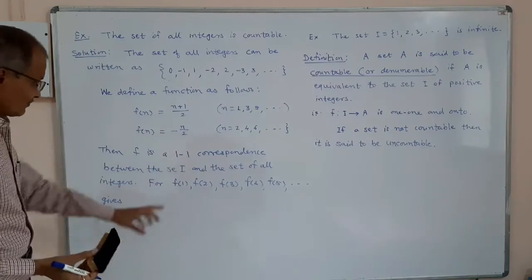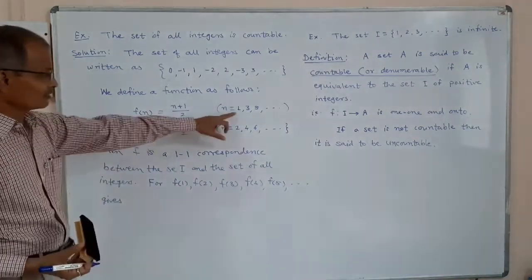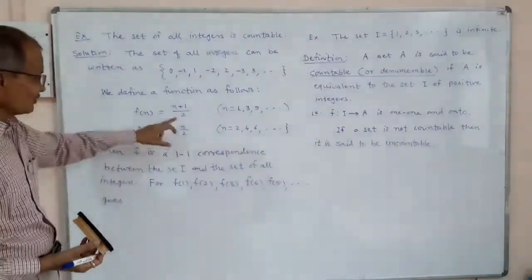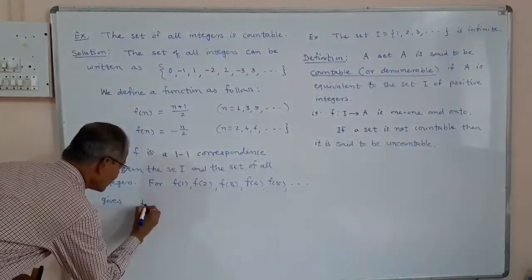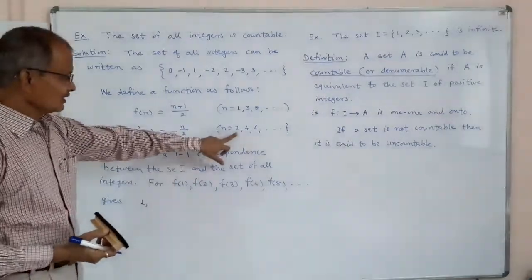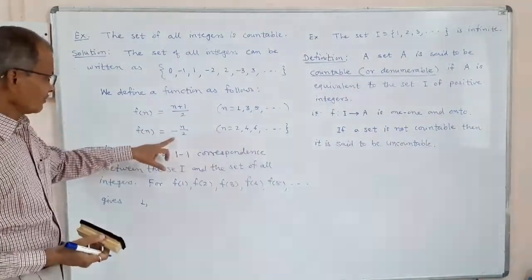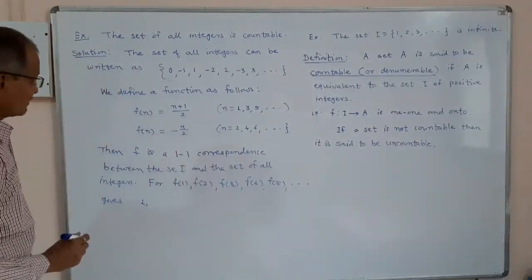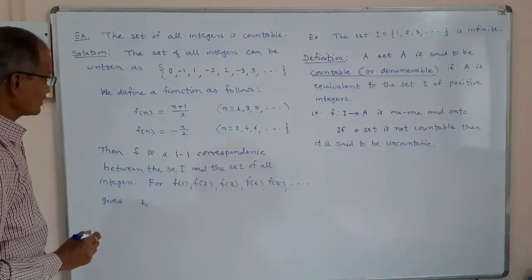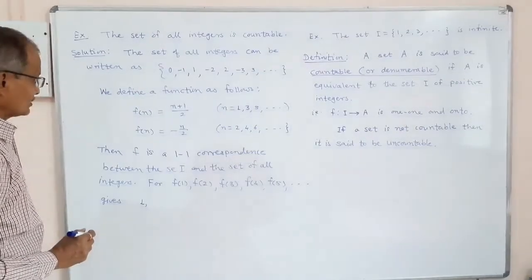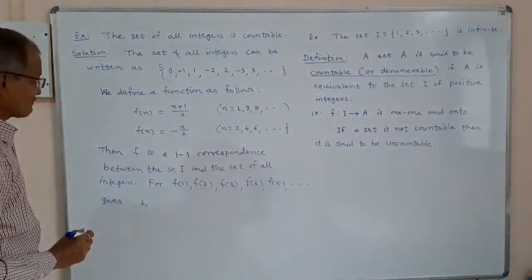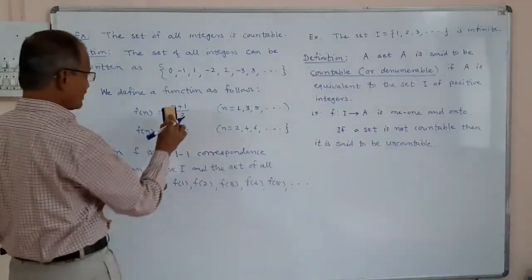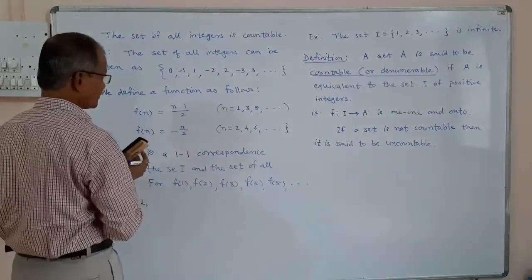Now what is f of 1? 1 belongs to the first definition. So f of 1 would be 1 plus 1 divided by 2, which means 1. What is f of 2? 2 is even in this case, and therefore minus 2 by 2 is minus 1. And we have to consider 0 also here, and for that purpose the condition should be n minus 1 instead of plus.